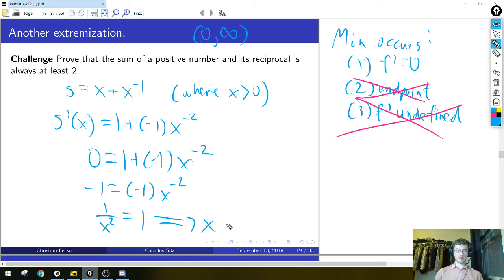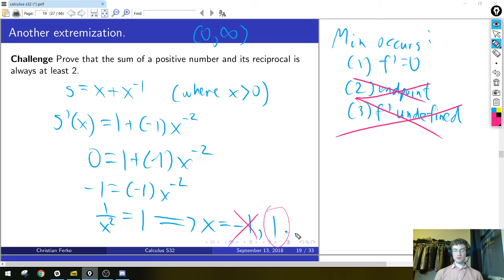What are they? -1 works. 1 over -1 squared is 1 over 1. Yes, -1 and 1. Okay, so we can rule out -1 because we stipulated that it was a positive number. So we found that the derivative vanishes at x equals 1.